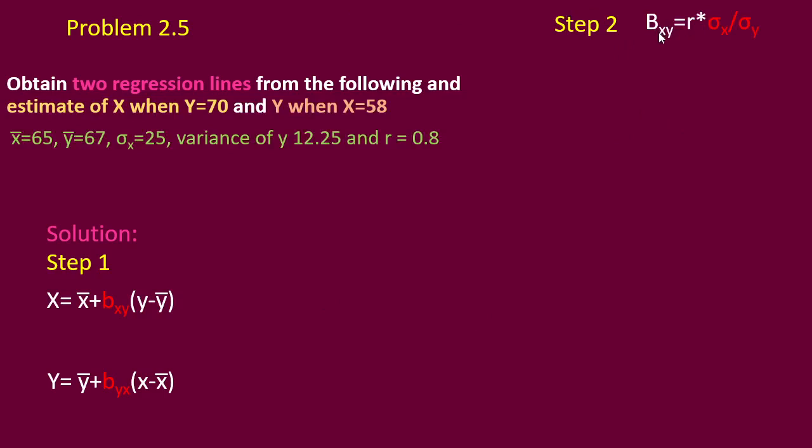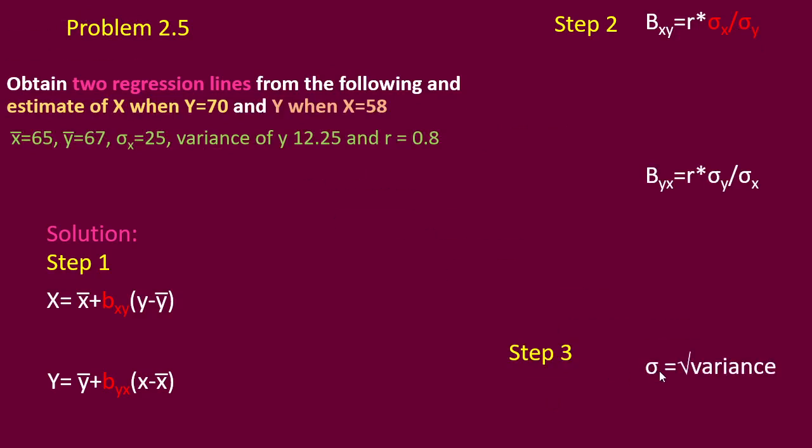In order to find bxy, we have the formula r into standard deviation of x by standard deviation of y. Here they have given the r value and standard deviation of x, but they have not given the value of standard deviation of y. So we should find out the standard deviation of y.